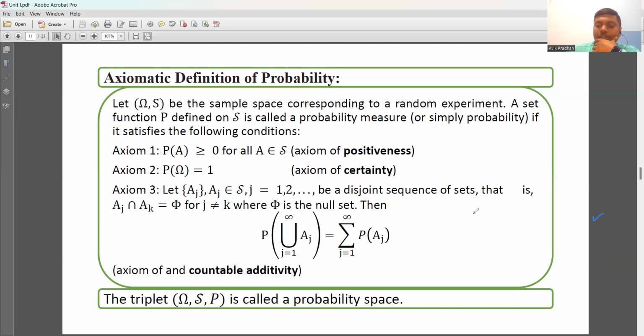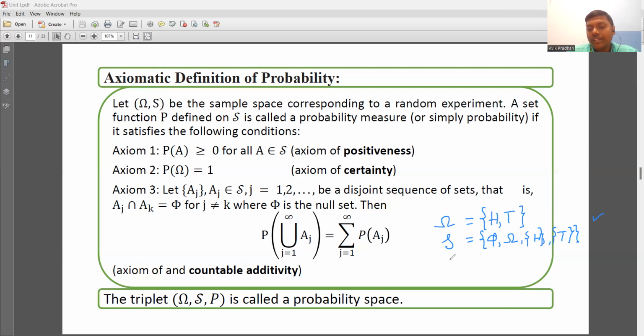So let us take an example. Suppose we are considering the experiment of tossing a coin. Then the set of all possible outcomes omega will be head and tail. Script s, which is the sigma algebra corresponding to it, is going to be phi, omega, singleton H, and singleton T. So together omega and script s are the sample space corresponding to the experiment.